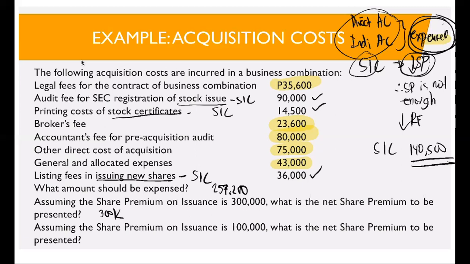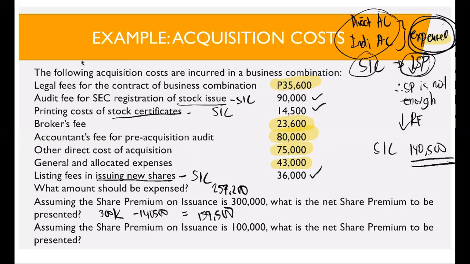Our stock issuance cost is 140,500. Is our share premium enough to carry our stock issuance cost? Yes. Therefore, you will reduce the share premium. So 300,000 less 140,500, 159,500.